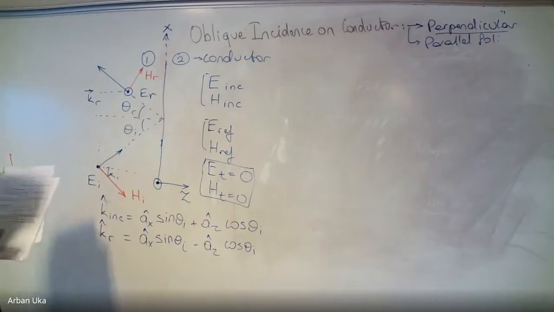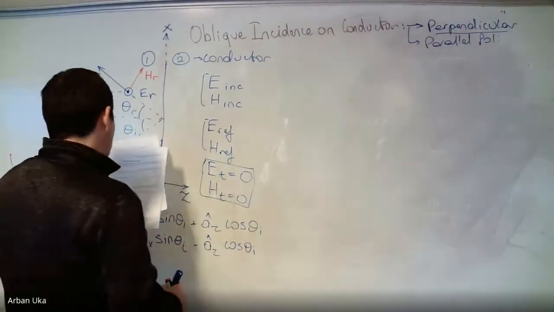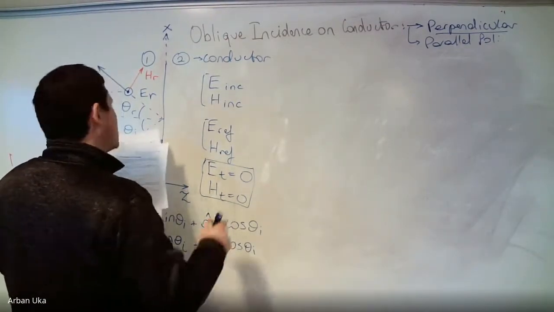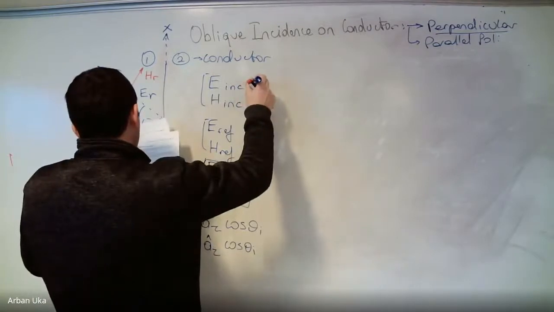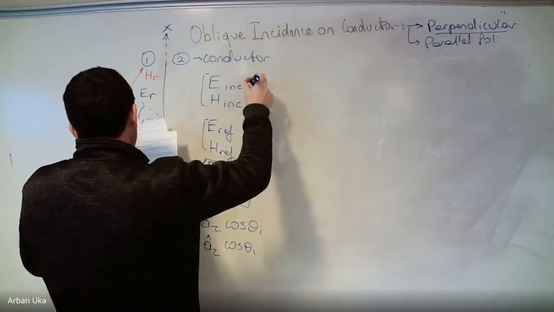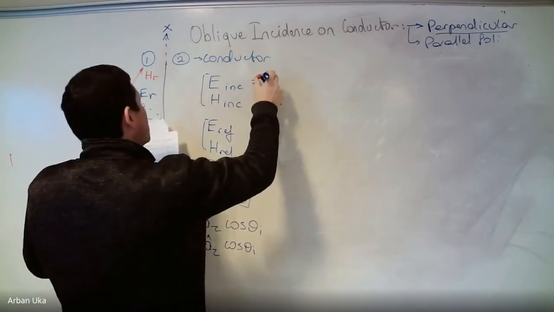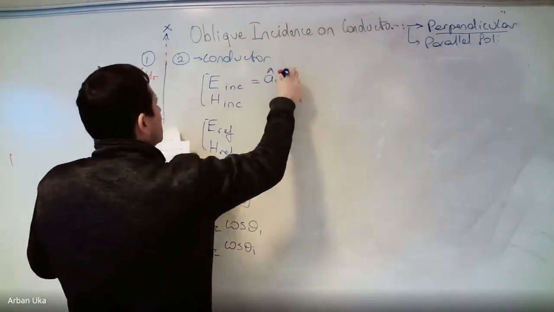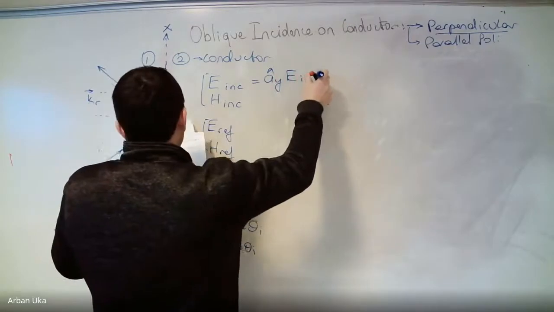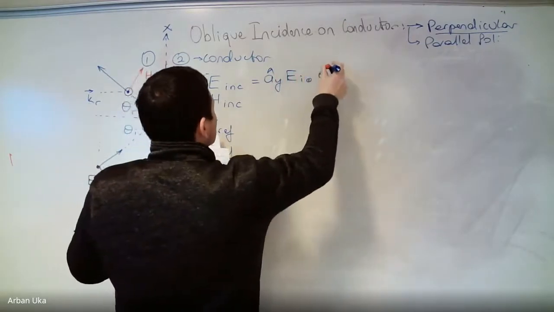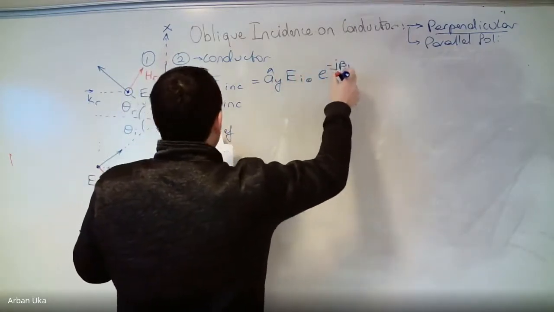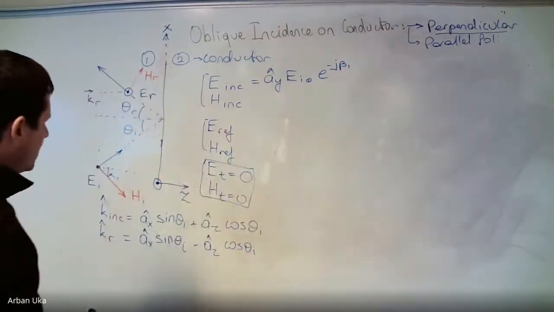So now, with this information, we can write down the incident wave, which is equal to AY E incident 0 times e to the power minus j beta 1 times Kx.